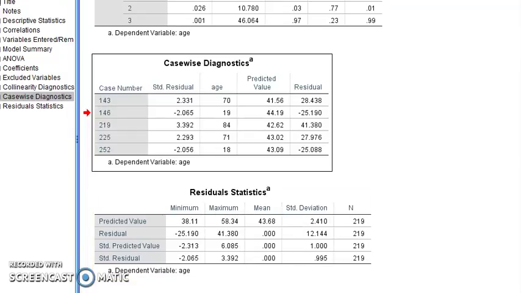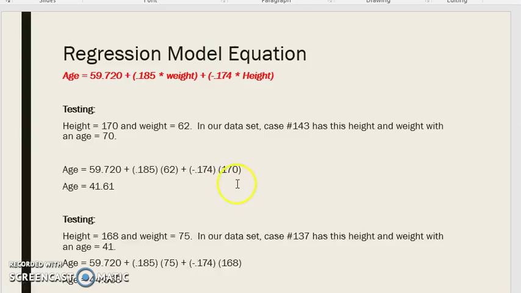All right, so going back, looking at our next slide here to finish this up, here's our regression model equation. Again, I pulled our B values, our constant, and then for the weight and the height. And the last thing you need to do is test.